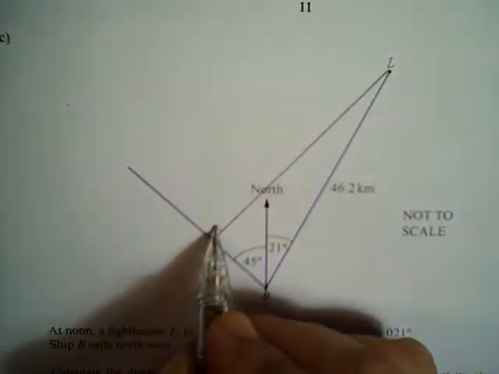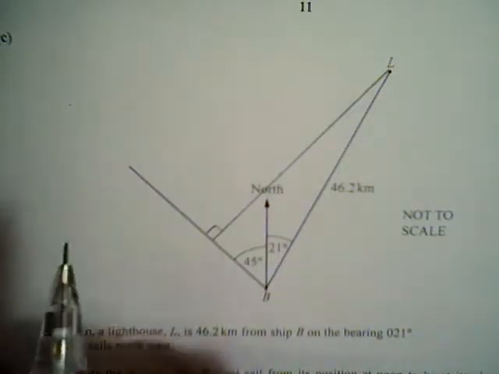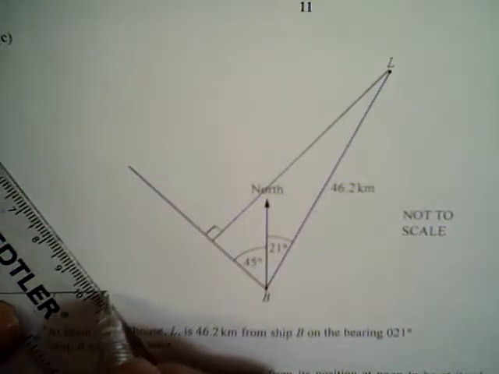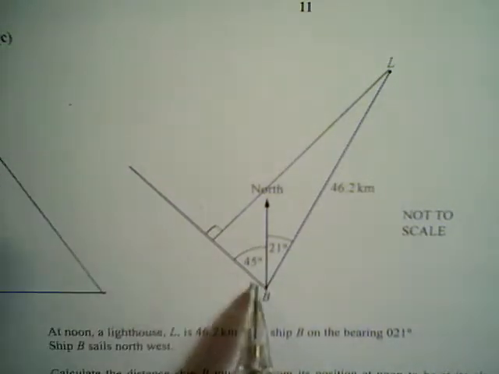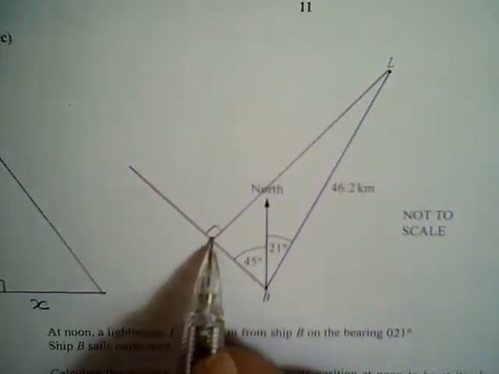And that is at a 90-degree angle. Okay, so I have a right-angled triangle. Just going to draw it here. This is this bit there.